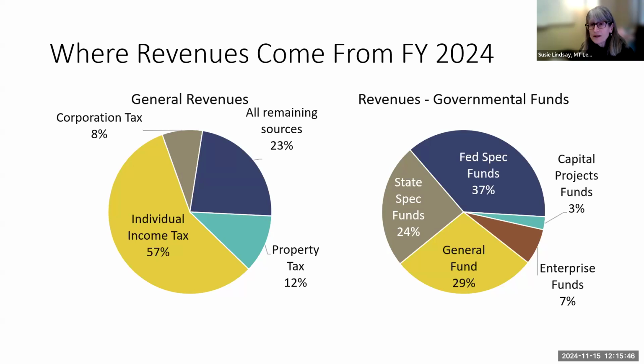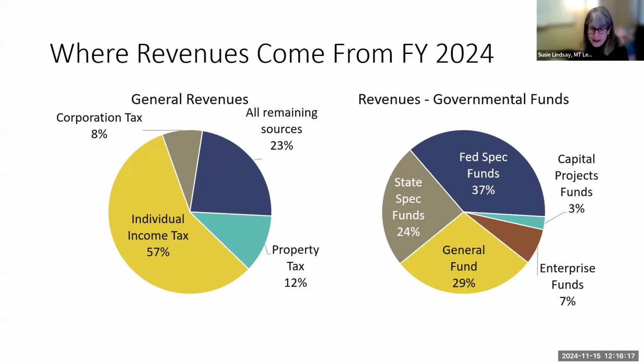On the right side, you can see that we also get revenues from other sources, like Quinn was mentioning, state special funding, when you pay a fee for hunting, for example, that's revenue that comes in as state special. And again, the federal special funding, a lot of that is transportation and Medicaid healthcare from the federal government that comes to the state.